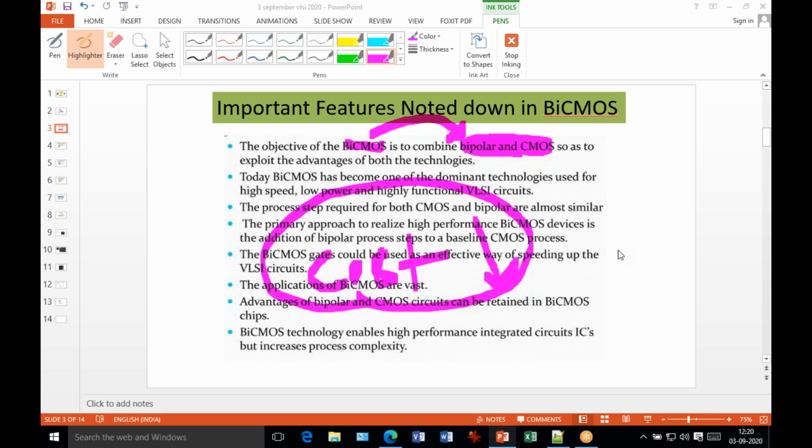Then of course the cost is not so high, because every time we are checking the cost, since the user has demanded the VLSI chip at a low cost. If your cost is low and the performance is high, then your chip or IC will sell in the market.